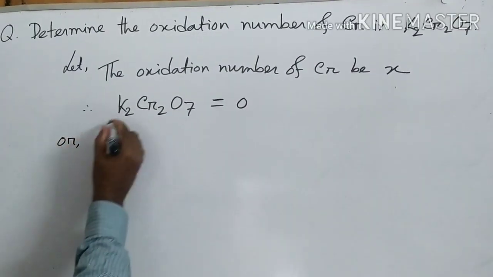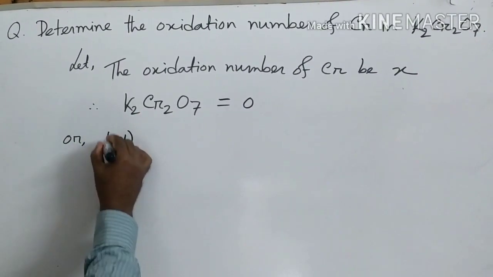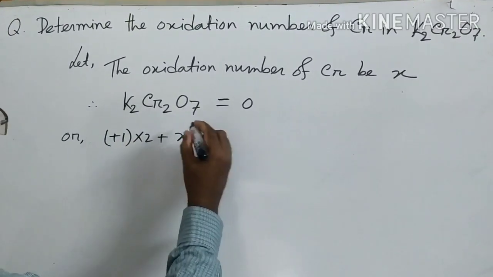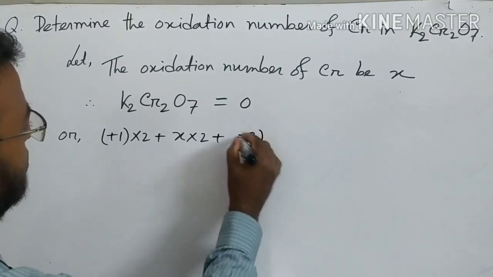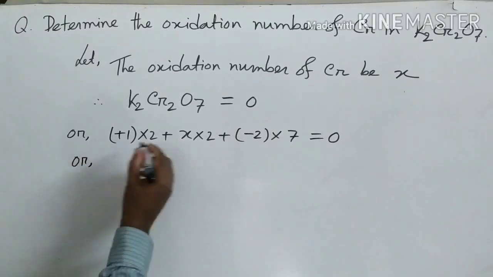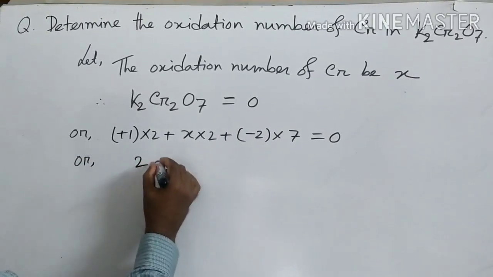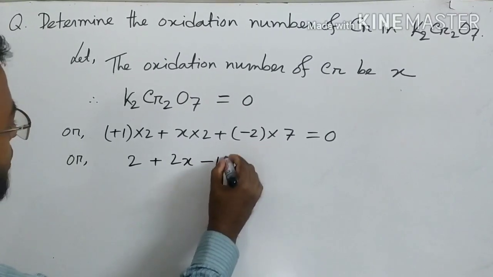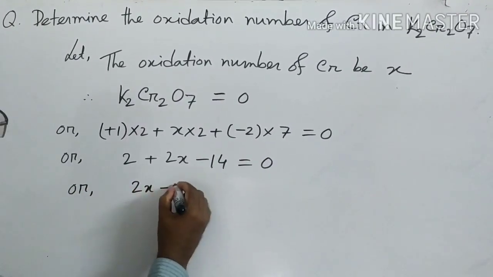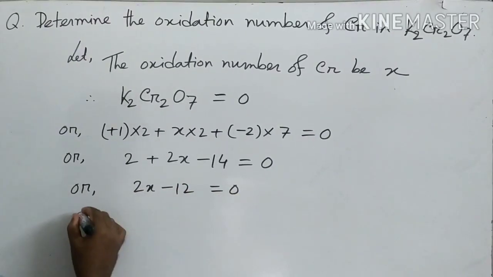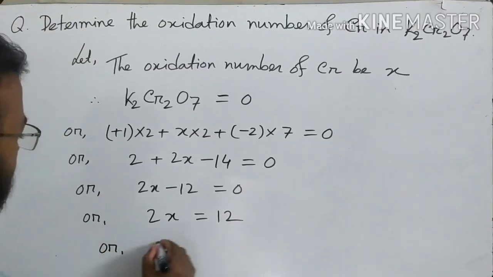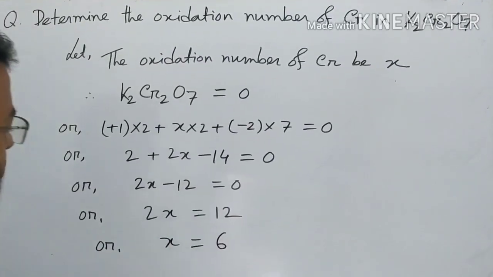Now potassium is an alkali metal, it is plus 1 into 2, plus X into 2, plus oxygen minus 2 into 7, altogether it is 0. Now calculation you can do it: 2 plus 2x minus 14 equals 0, or 2x minus 12 equals 0, or 2x equals 12, or x equals 6. So we have got the value.